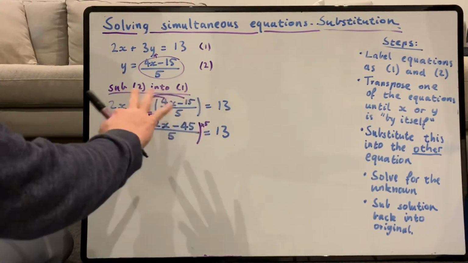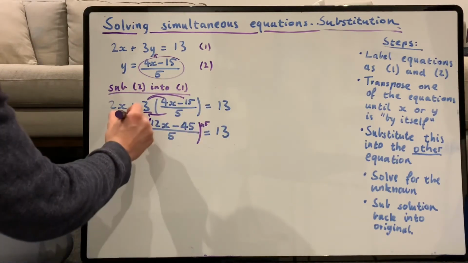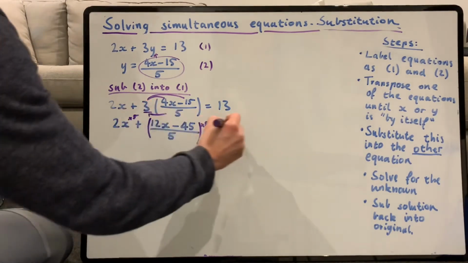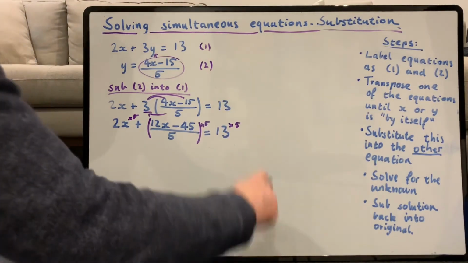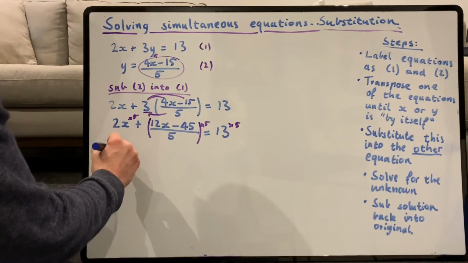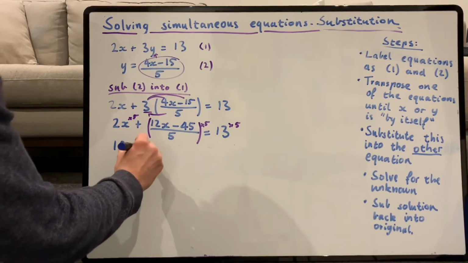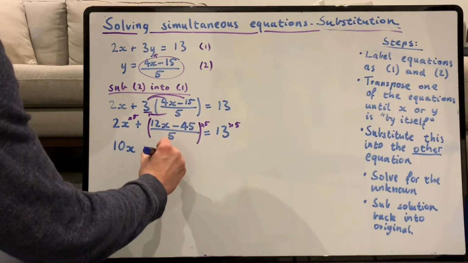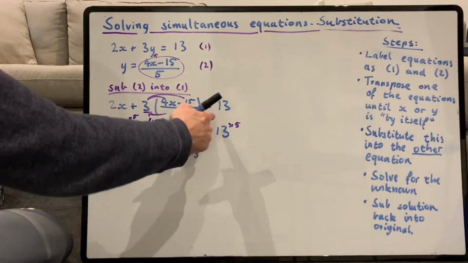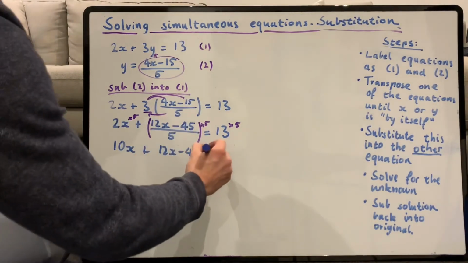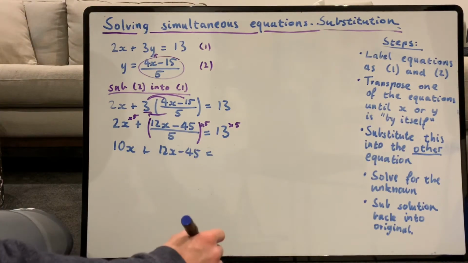But to make it legit, you have to multiply everything by 5. Okay? So 10x plus 12x minus 45, because this denominator is cancelled, equals 13 times 5.